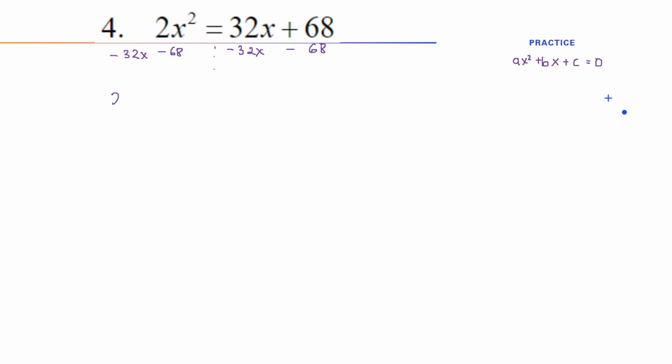So we will have 2x squared subtract 32x subtract 68 equal, on the right hand side that makes 0.